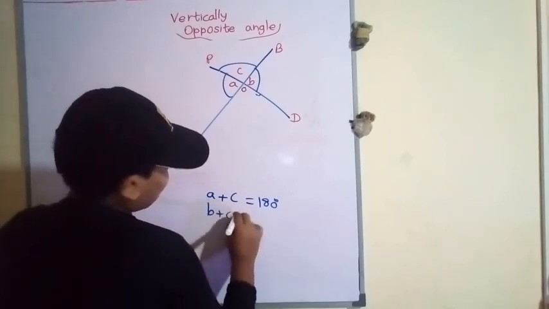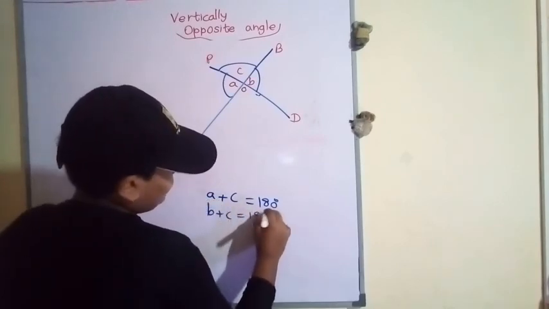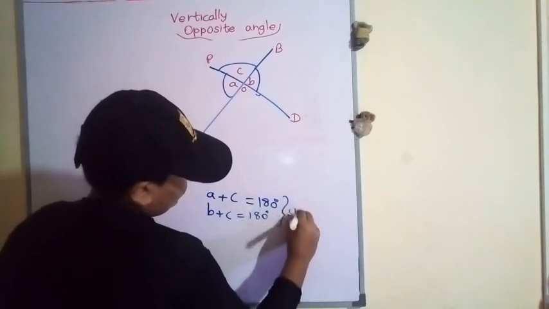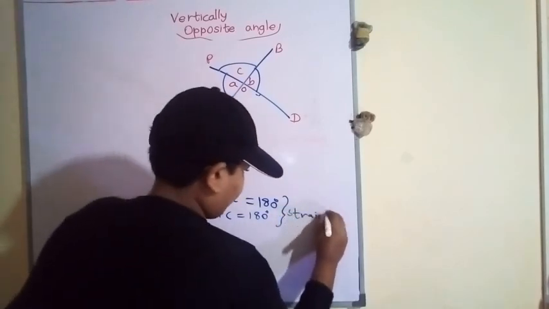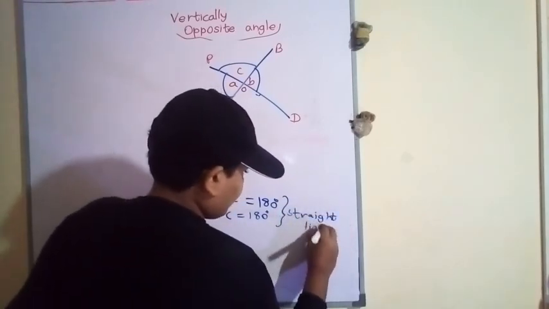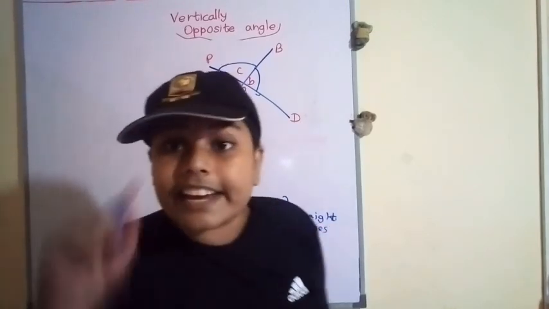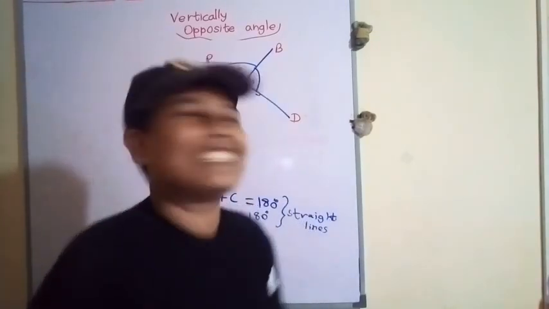B plus C means 180 degrees. These are all straight lines. Right?